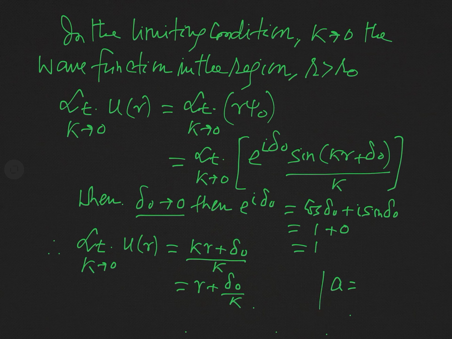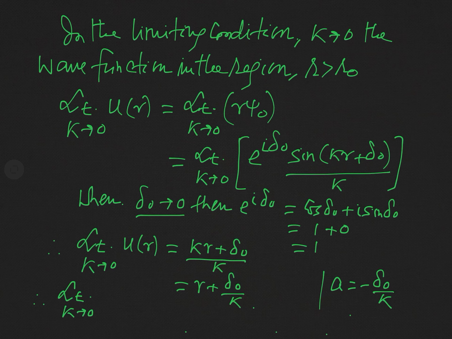But from the definition of scattering length, A is equal to minus delta naught by k. So instead of delta naught by k, we can write minus a.